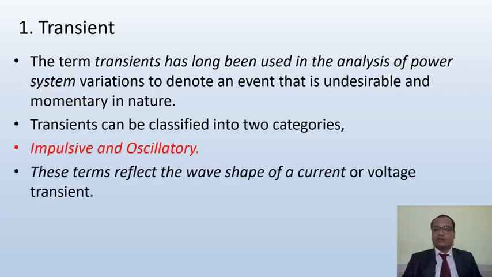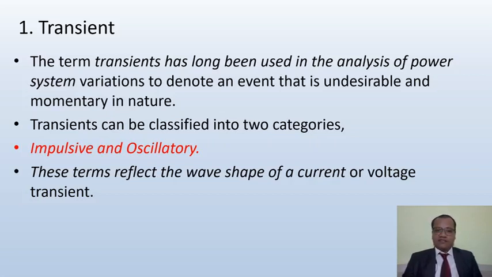They can occur at any time in the power system and don't have any specific time or specific magnitude. That's why they are called undesirable. And they appear for a very short period of time, in microseconds or milliseconds. That's why they are momentary in nature.